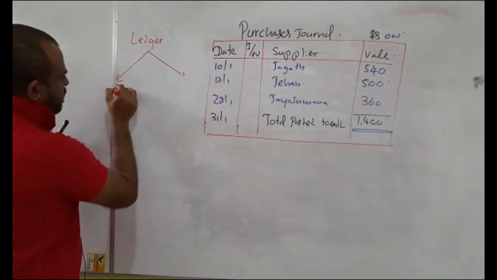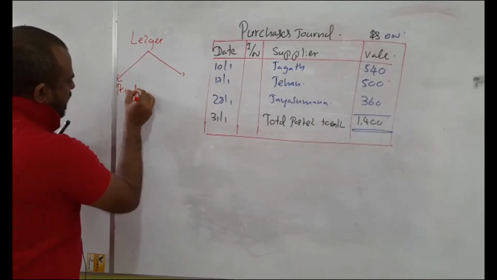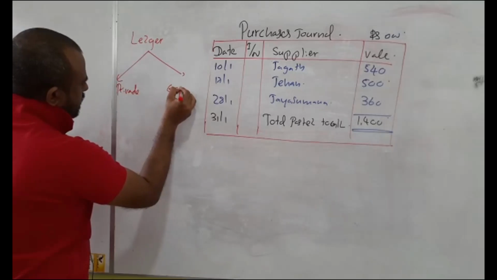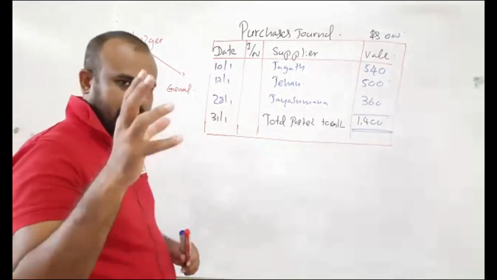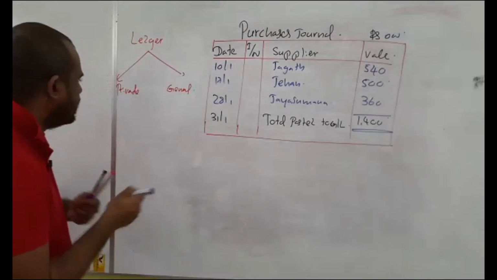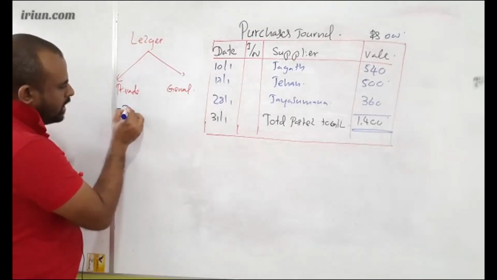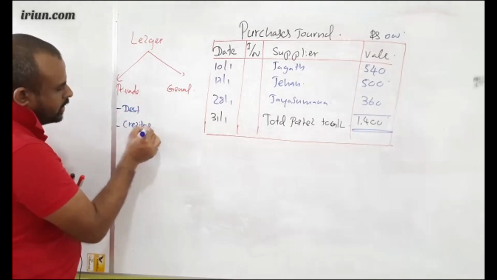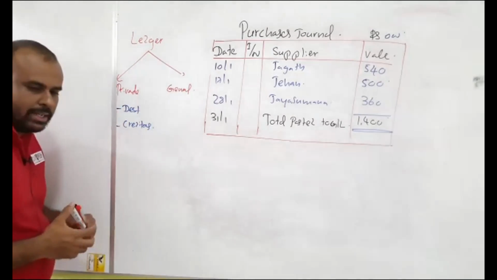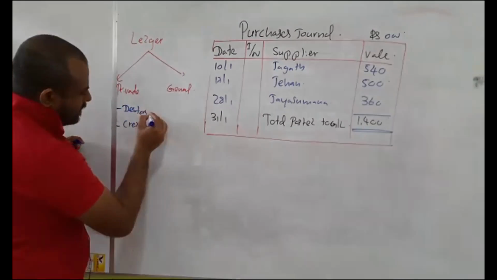What are they? Private ledger and the general ledger. In the private ledger, what you have? Only the individual debtors as well as the creditors.